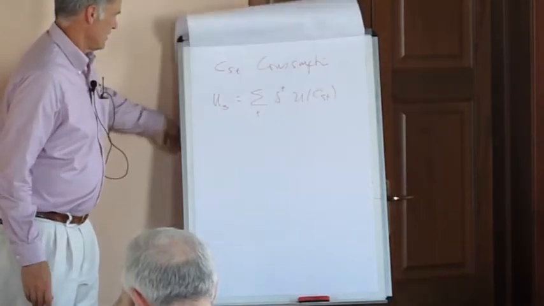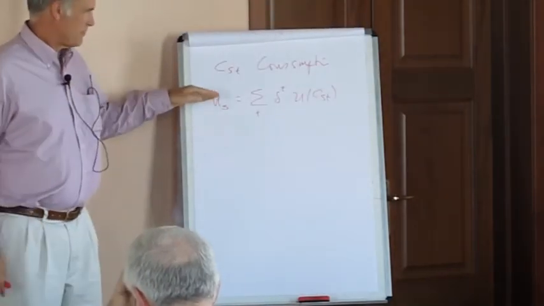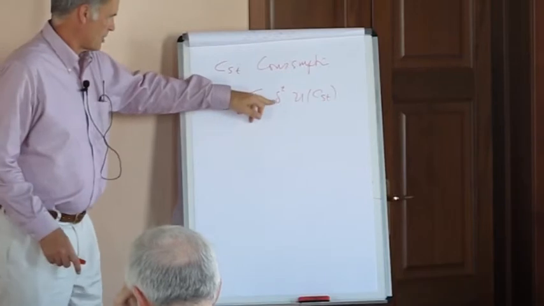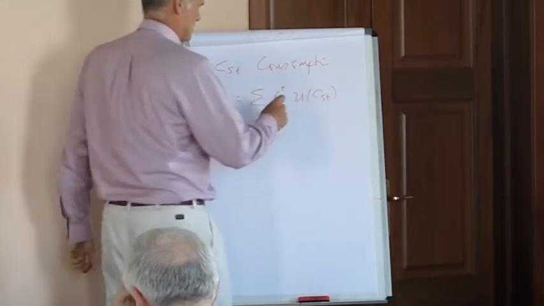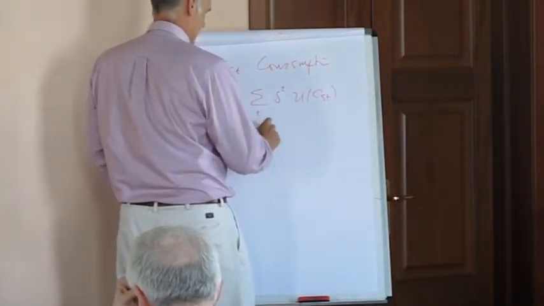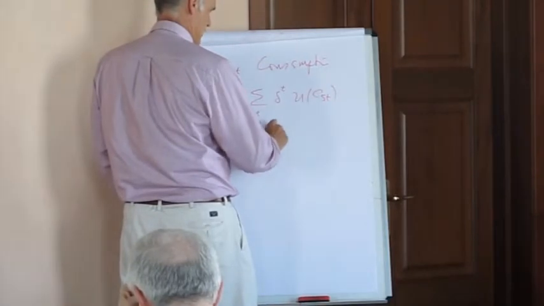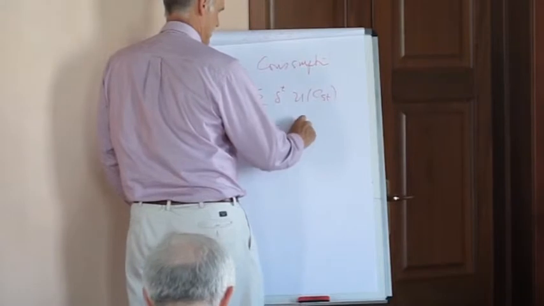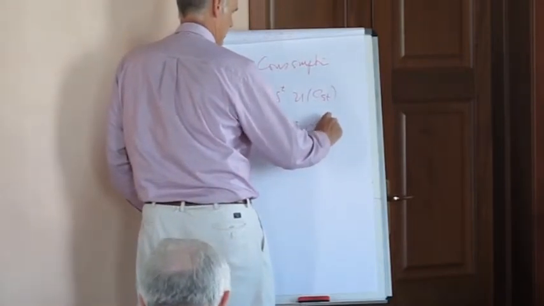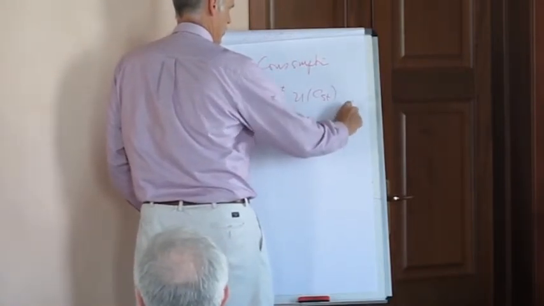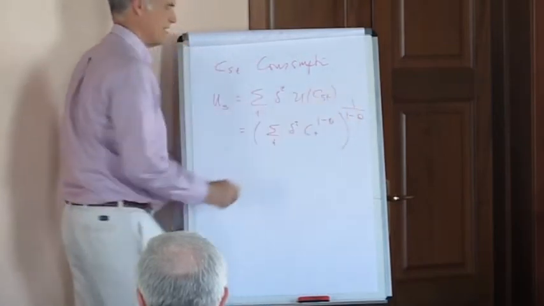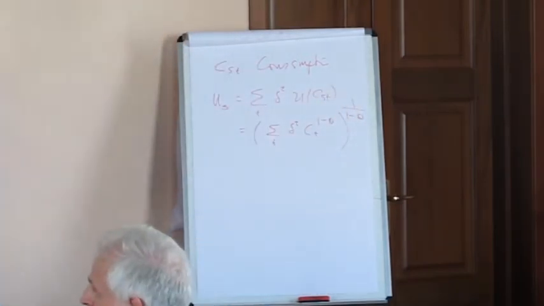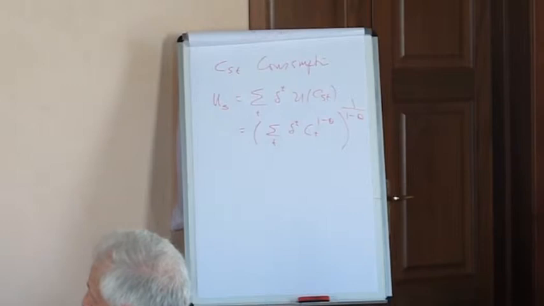So there's going to be a parameter here, and normally you would write this, if we have CIES, constant intertemporal elasticity of substitution, as delta to the T times C sub T to the 1 minus theta, all to 1 over 1 minus theta. Theta is what Nordhaus would refer to as the marginal elasticity of intertemporal substitution.